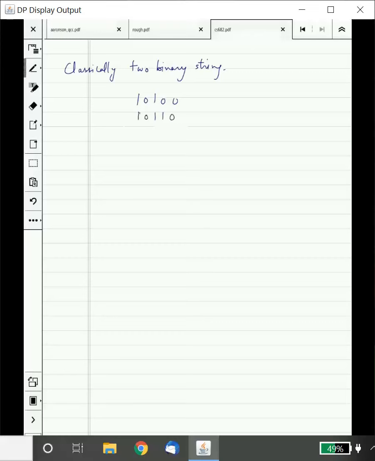If I want to add these, I will add them place-wise. This is the standard addition which you might have learned in class 2 or 3. 0 with 0, you get 0. Now remember that these are Boolean strings, so I will add accordingly. These are represented in base 2. 0 plus 1 is 1.